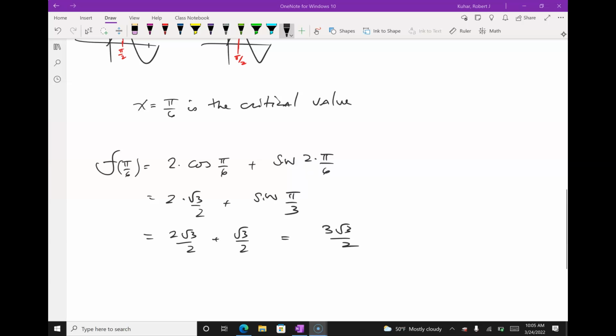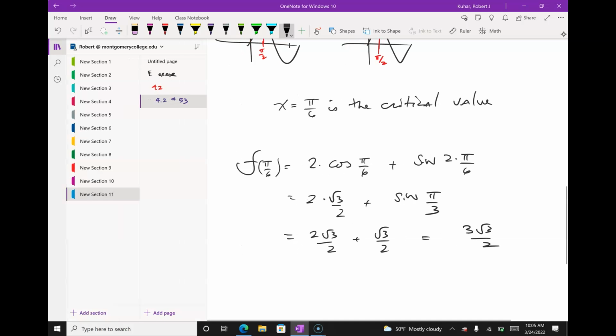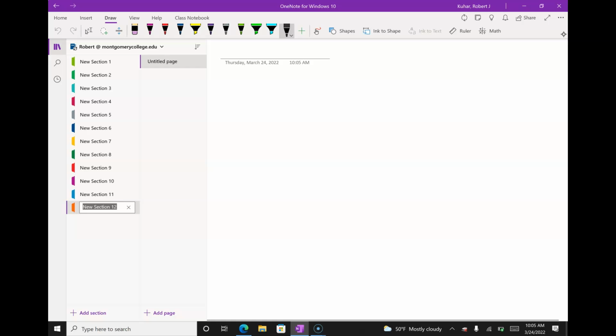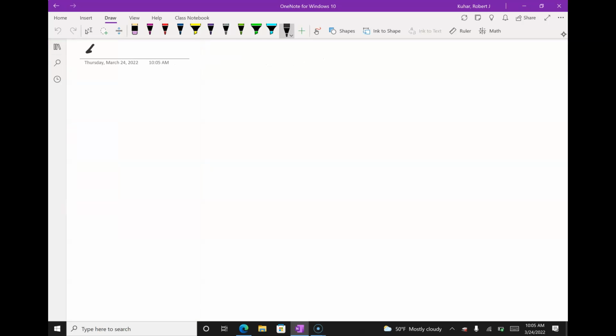I teach in 2 pieces. So we're talking about the first derivative test here. Do you remember in pre-cal when we did the sine tables? My 4 students in pre-cal, you remember the sine tables?